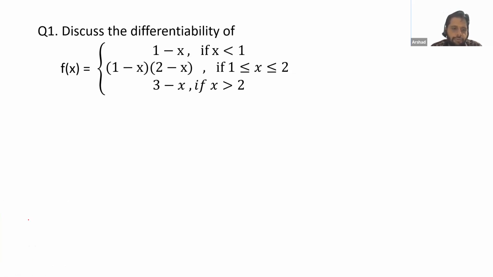Please read this question and then compare it with yesterday's one and tell me what the difference is between the two.